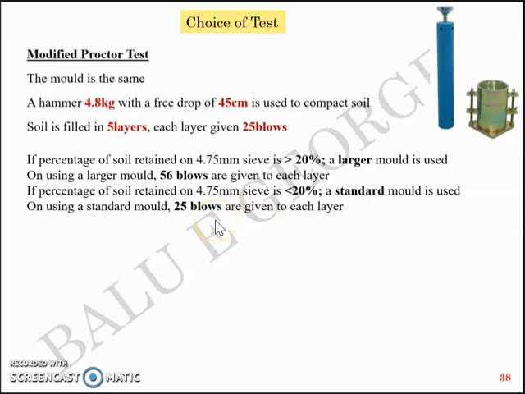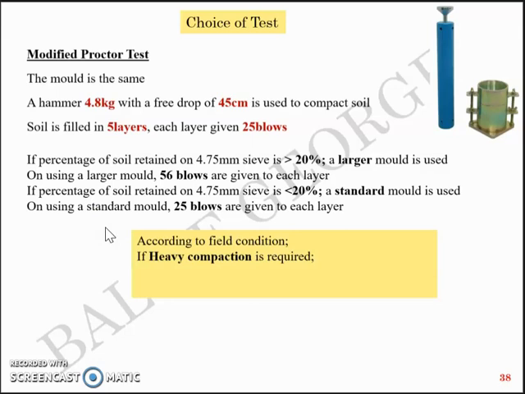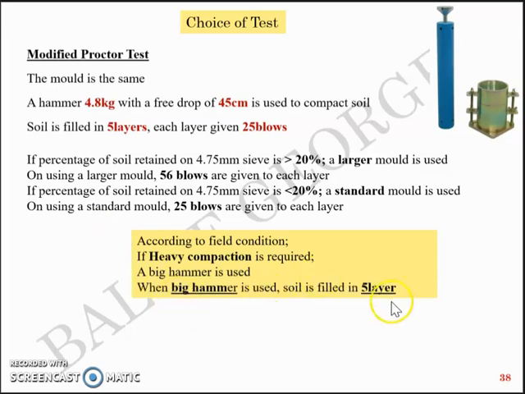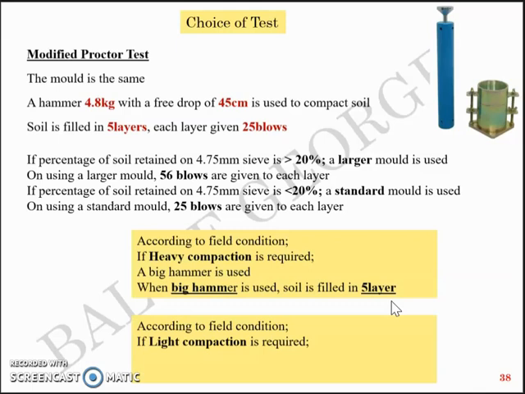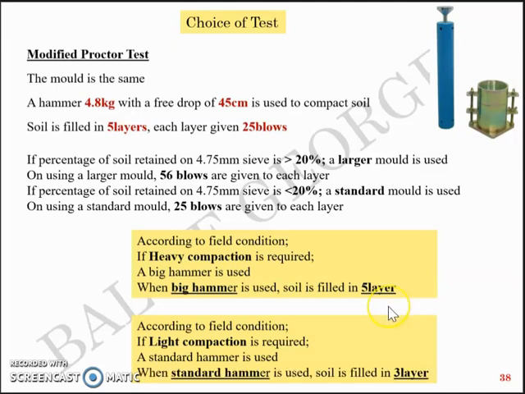Now, another combination is about the field condition. If heavy compaction is implemented in the field, you use a big hammer, and when you use a big hammer, you fill the soil in 5 layers. And in the field condition, if it's light compaction, you use a standard hammer, and when you use a standard hammer, the soil is filled in 3 layers.